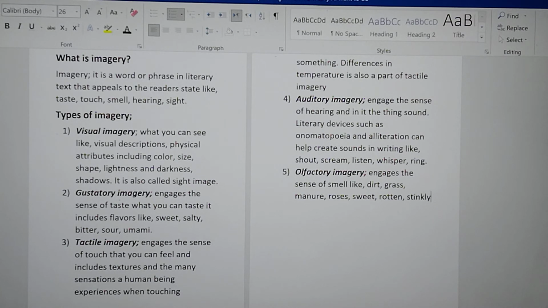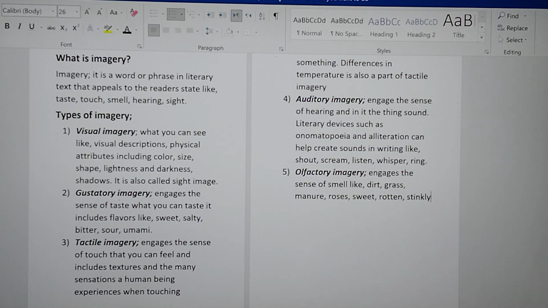And the second point is alliteration. Alliteration means the repetition of initial consonant sounds. An example can be taken like: Mike's microphone is making much noise. Now Mike's, there is M at the start; microphone, there is M at the start; making, again M at the start; much noise, M again at the start.